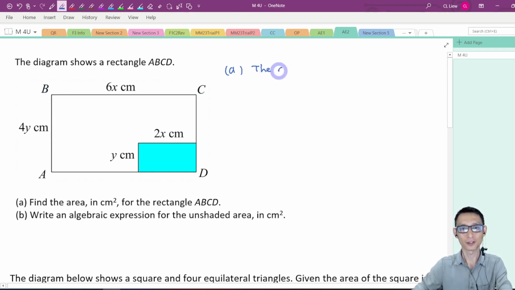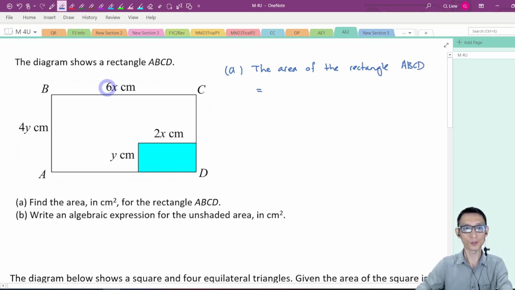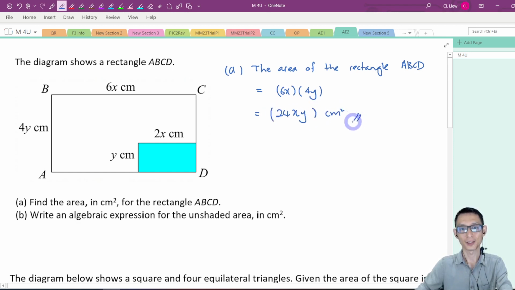The area of the rectangle ABCD is equal to 6x times 4y, which is equal to 24xy. This is the area of this rectangle ABCD.